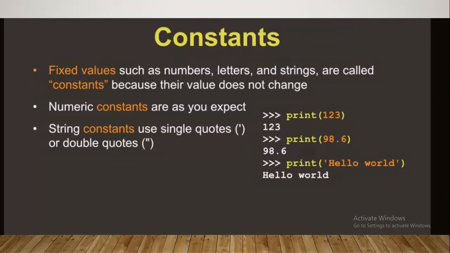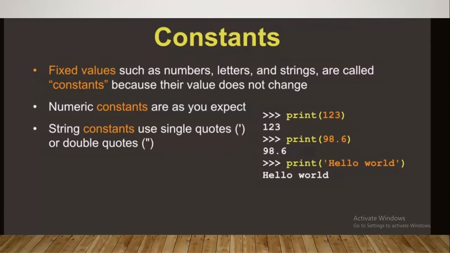Everything which has a fixed value is a constant. String constants use single quotes or double quotes. For your brief information, strings are combinations of characters, a group of characters that makes a word. If a character is a letter, then a group of characters is a string.